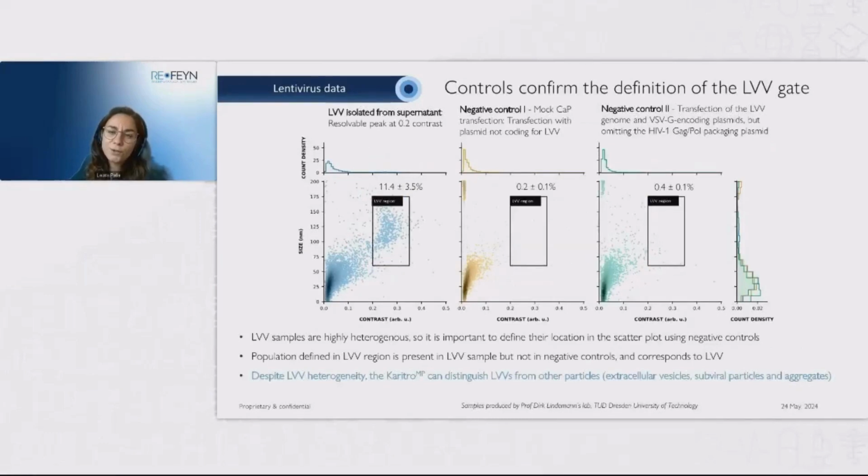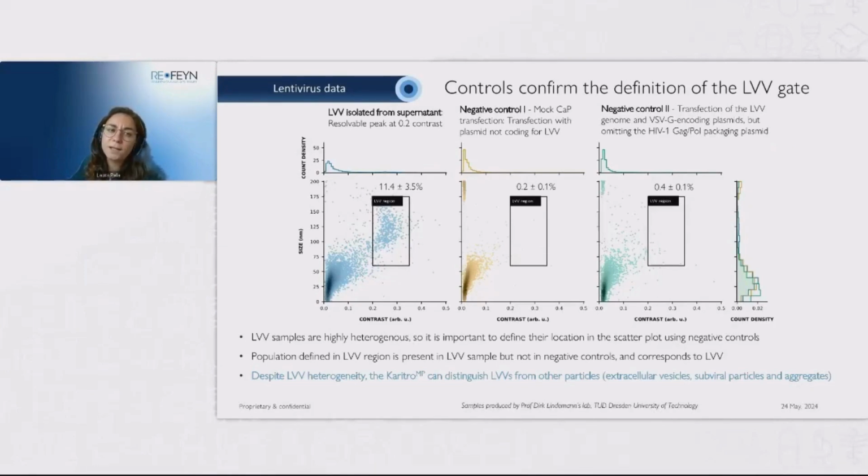So, because of the heterogeneity of the sample in the lentivirus preps, it is important to define the exact location where you can find the lentivirus particles in these 2D plots. And we have done this study in collaboration with Professor Dirk Lindemann's lab from Dresden University.